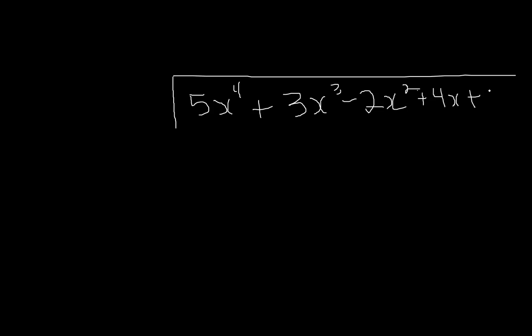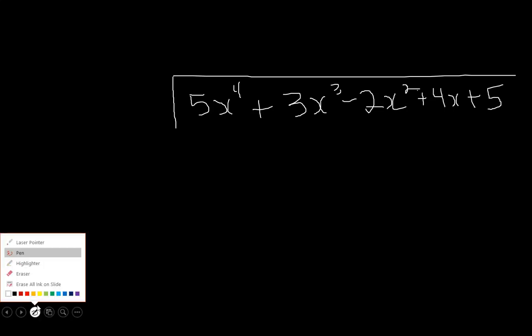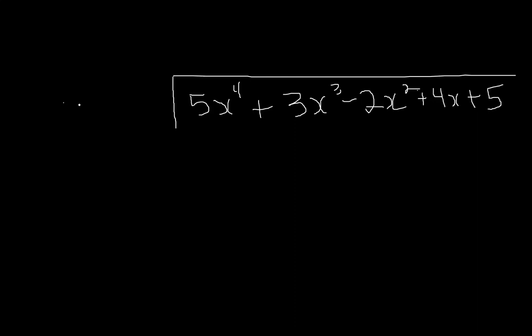This long polynomial that they gave you is 5x to the power of 4 plus 3x cubed minus 2x squared plus 4x plus 5. This long polynomial expression. And then they want you to divide this by x minus 3.